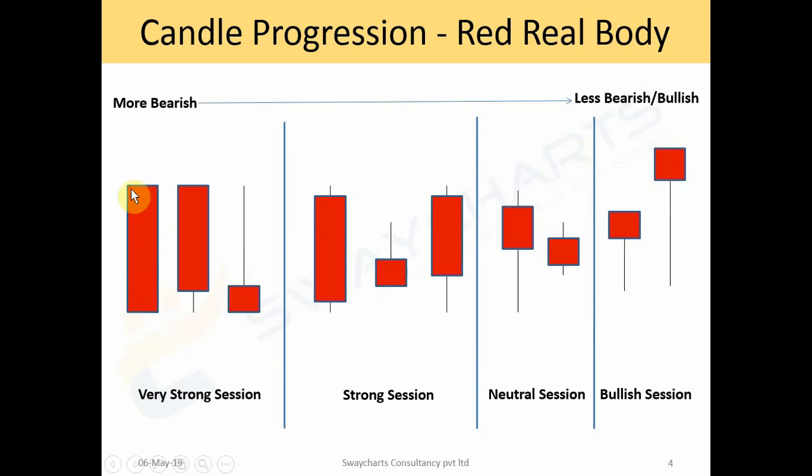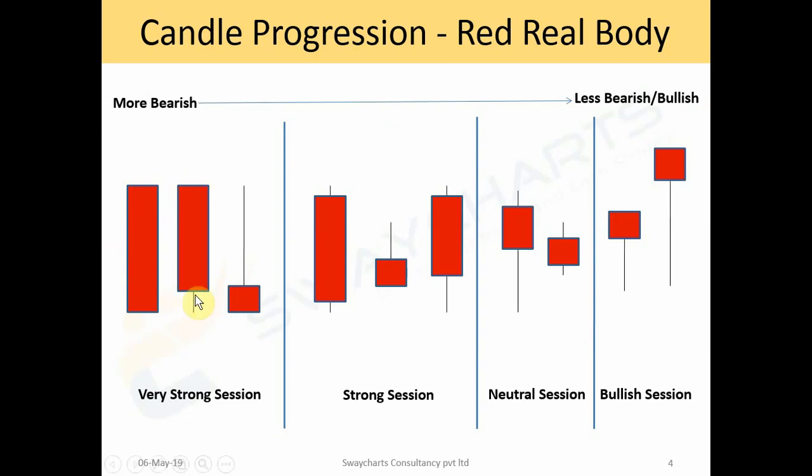And when only one party is strong and ruling the entire day, the day belongs to them and it's a very strong day for them. So this is a very strong bearish session that we are right now seeing.